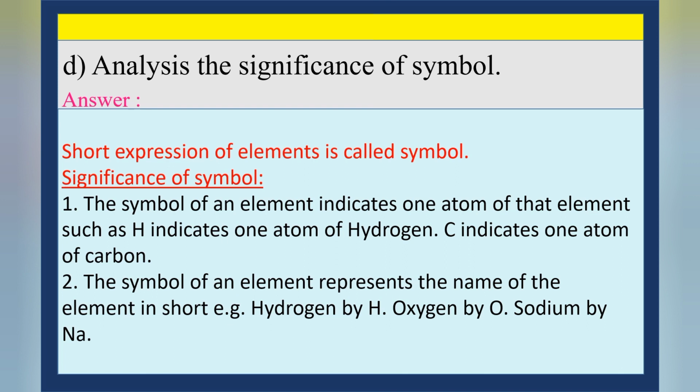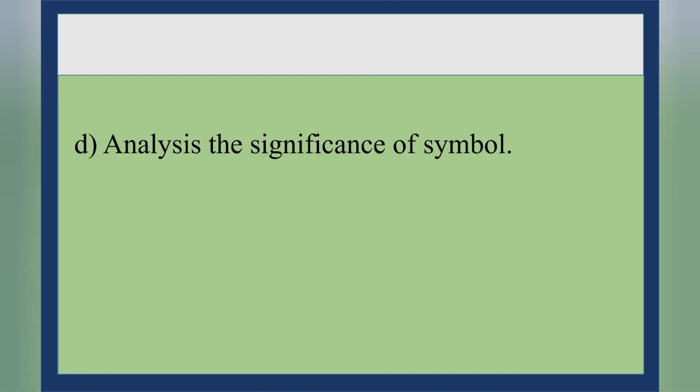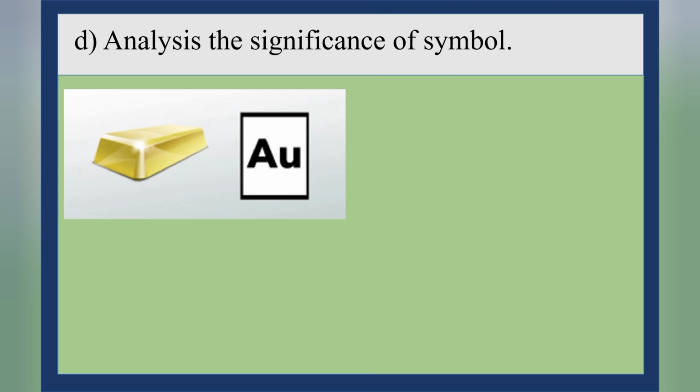Oxygen by O, sodium by Na. Okay, so you are watching what? There is a piece of a bar of gold, and what is it? This is aurum. The Latin name is aurum, where we use only Au as the symbol of that element.